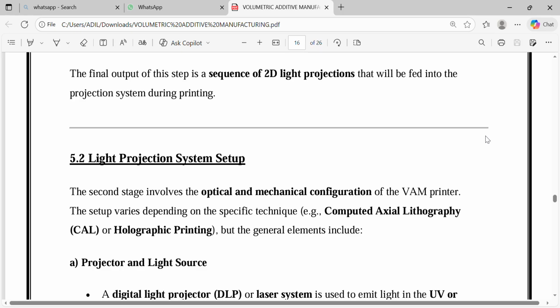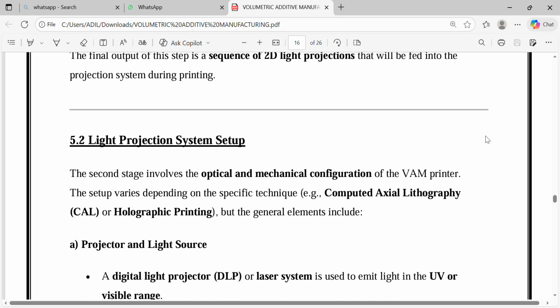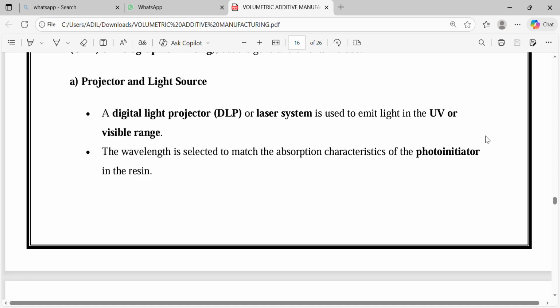Second one is the light projection system. The second stage involves the optical and mechanical configuration of the VAM printer. The setup varies depending on the specific technologies like computed axial lithography or holographic printing, but the general elements include projection and light source. A digital light projector or laser system is used to emit light in the UV or visible range.